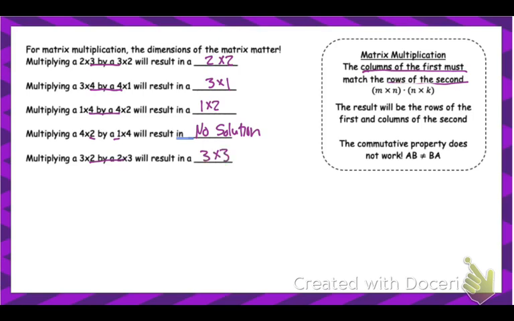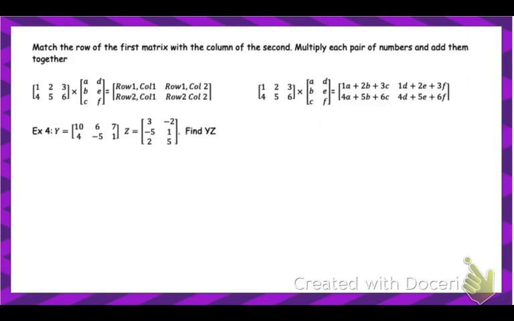So now let's look at the actual process of multiplying a matrix. So I'm going to start just by showing you where the results will go, and then we'll look at what the process is. So what we do is we match up, again, the row of the first with the column of the second. So I'm going to take the row of the first, and I'm going to multiply it by the column of the second.